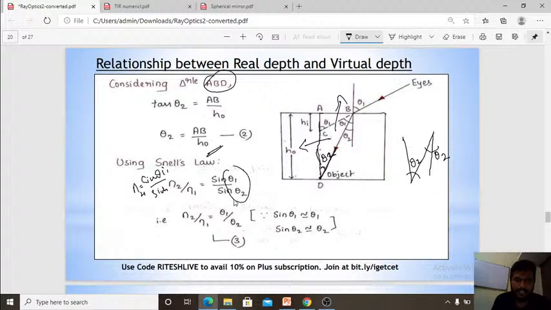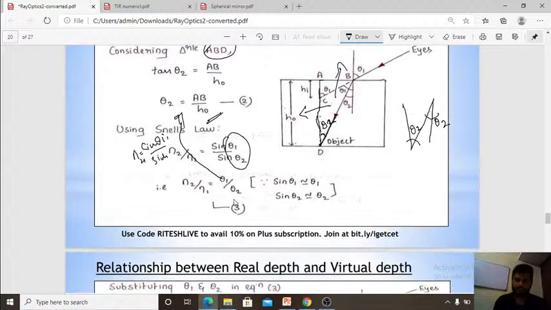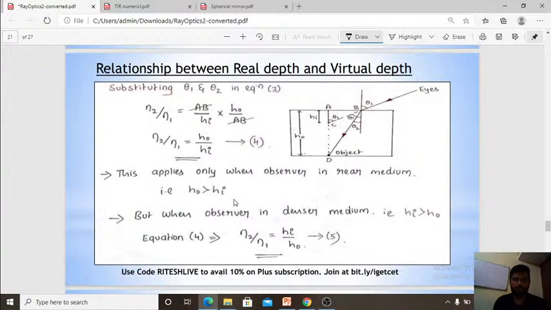So this I can write directly as theta 1 over theta 2. Okay, so I will substitute these equations here. When I substitute these equations, I will get a new equation, that is eta 2 over eta 1 equal to h naught over hi. So very simple derivation, my dear.